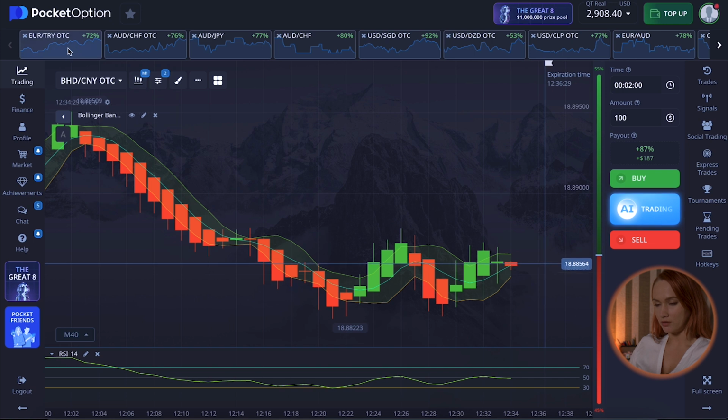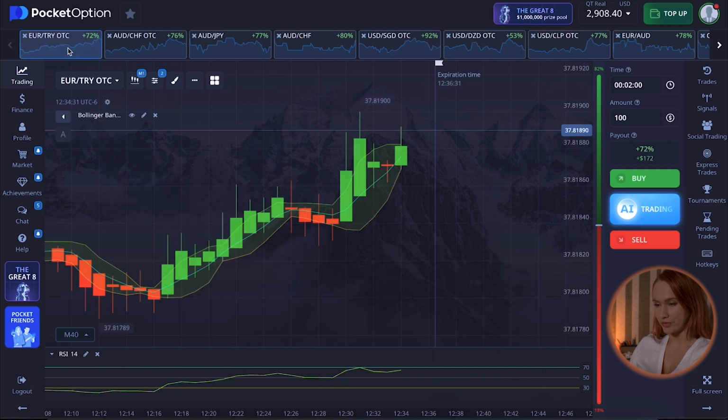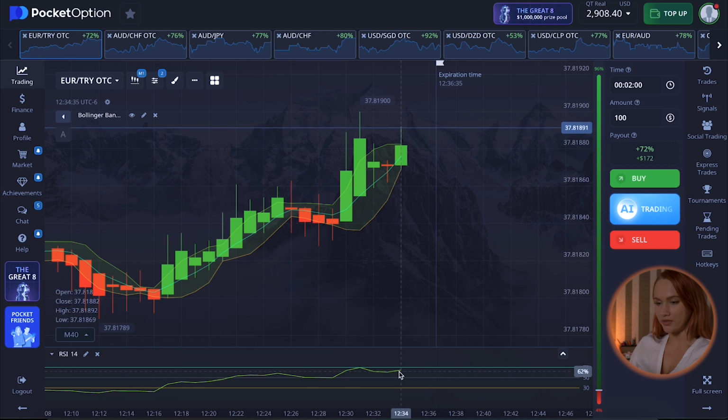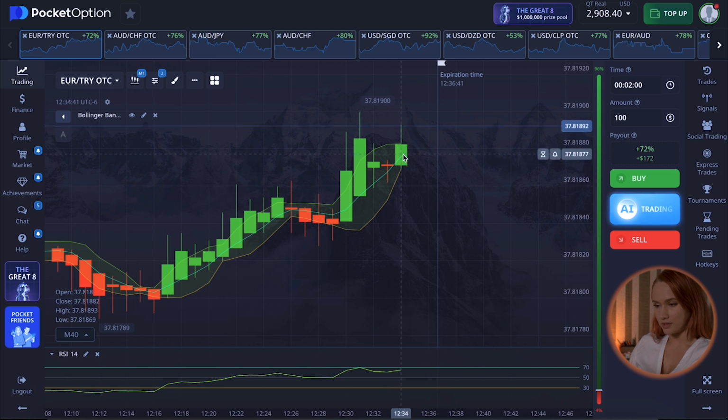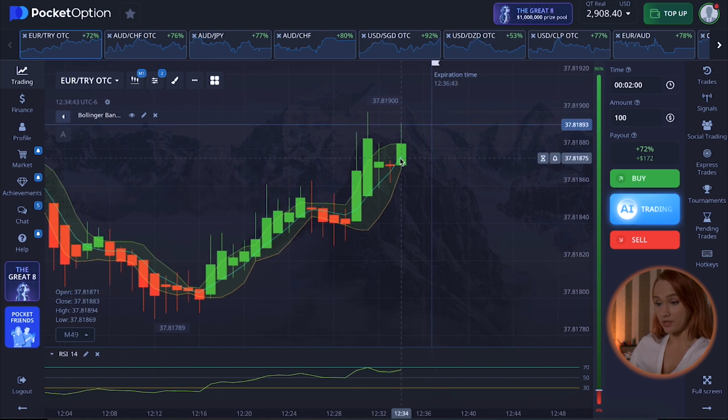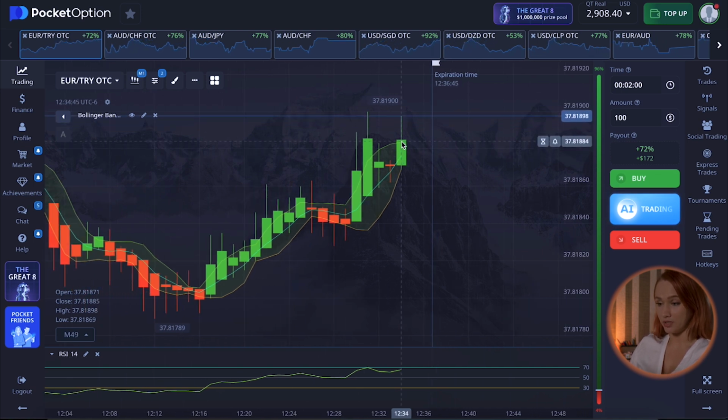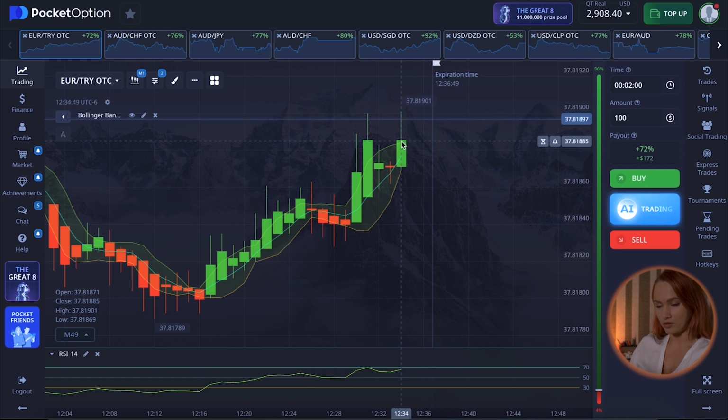Okay, let's have a look at the first currency pair. Yes, we see that the RSI is approaching the resistance line. We see a candle, and on the second candle we will enter the deal. The Bollinger Bands have already been broken, as you can see.